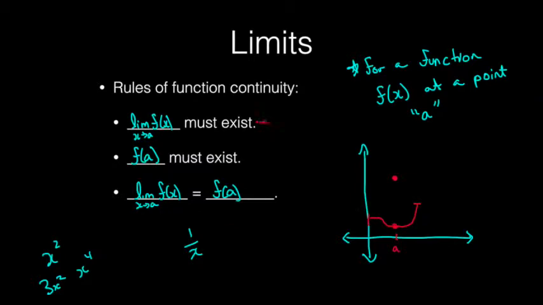So let's just recap. This determines that left and right exist. Okay, so this confirms that the left and the right exist. This confirms that the point exists, so there's no hole.